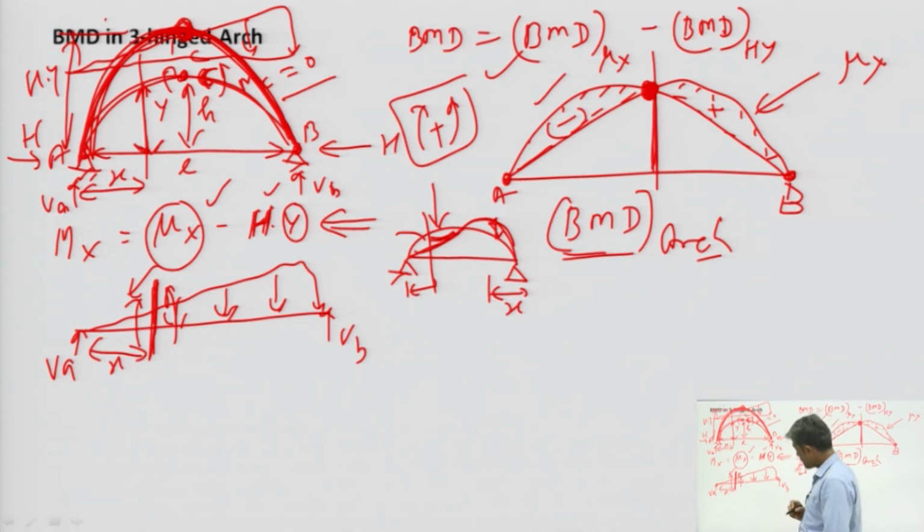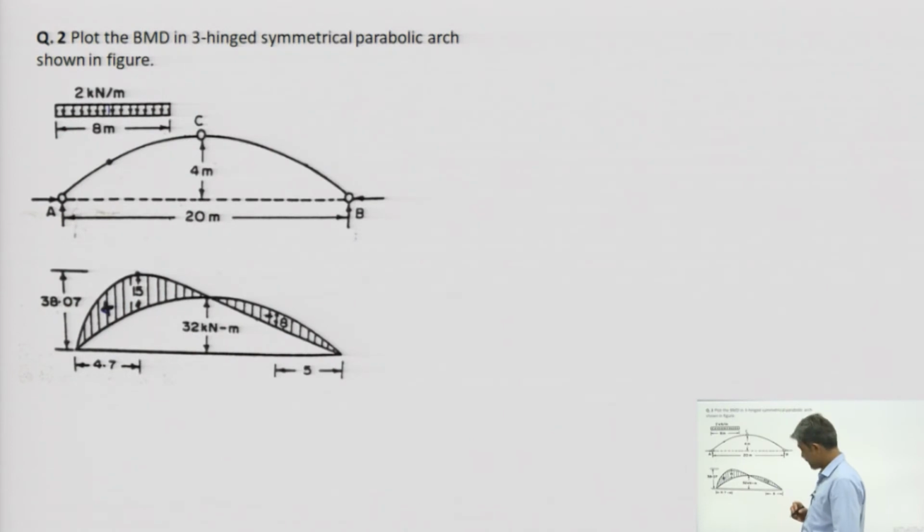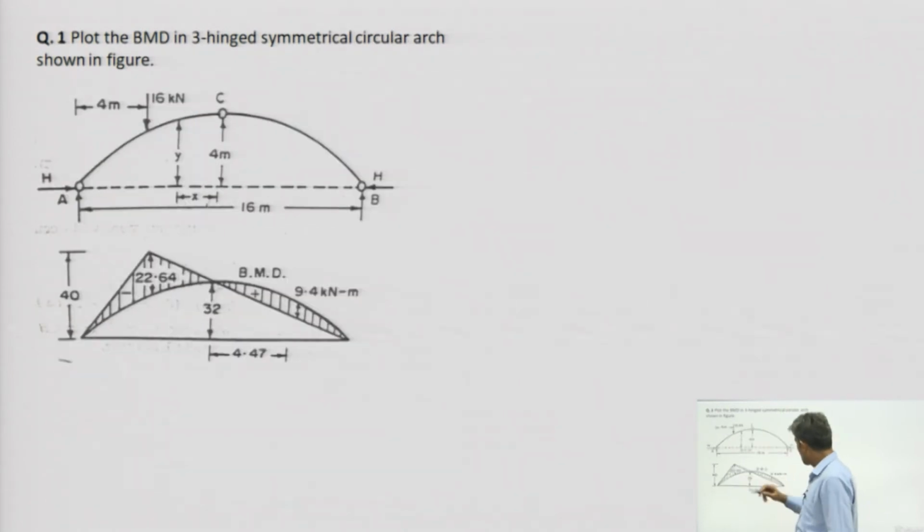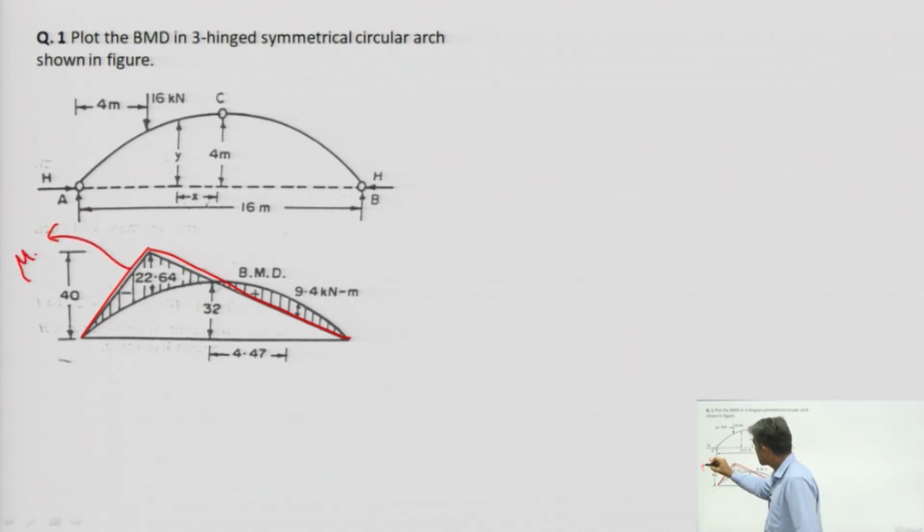So, in this question, the bending moment diagram we will plot after calculation, but prior to this, the shape of the bending moment: this one represents the beam moment mu x, for the point load.